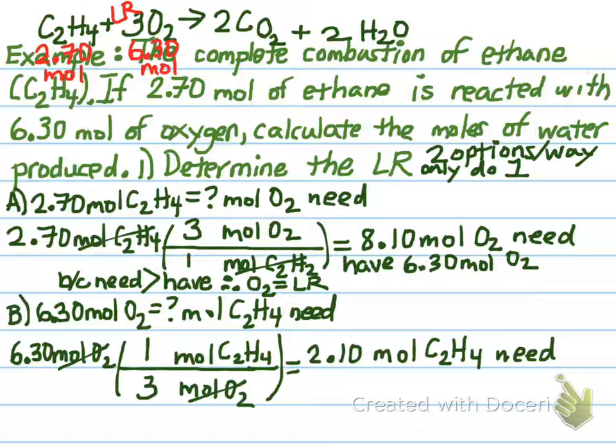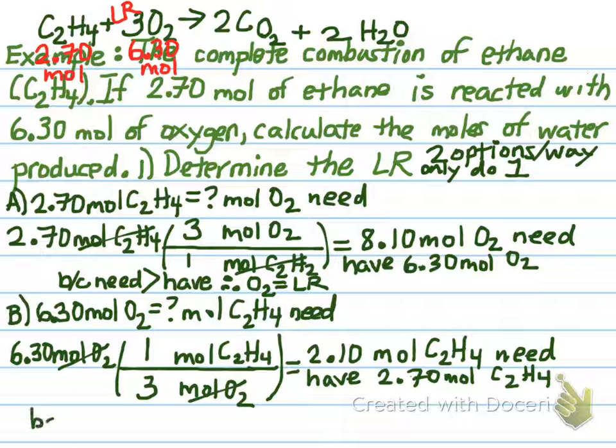Right? So again, what this is saying is to react with all of the oxygen, I need 2.10 moles of ethane. How much do we have? Well, in the problem, they told us 2.70 moles. So the question is, am I going to run out of ethane? No, I need less than I have.